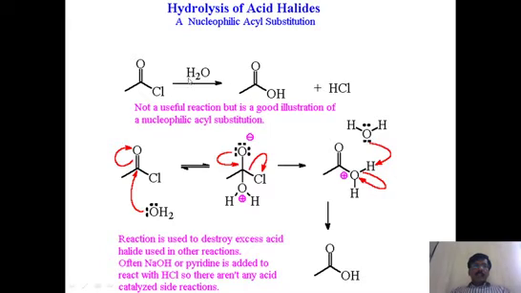Simply, the chloride is replaced with OH, and this OH comes from the H2O molecule. So this is a simple mechanism. You can look at it this way, to see how simply we can explain how acid chloride is hydrolyzed to give carboxylic acid.